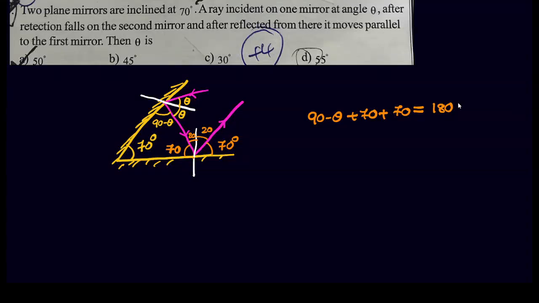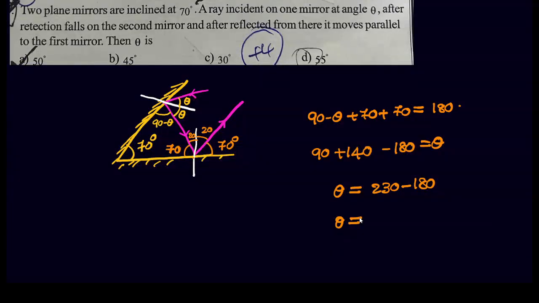We need to get theta from it. 90 plus 140 minus theta is equal to 180, so theta equals 230 minus 180. How much is the theta value? 50 degrees. This is the answer.